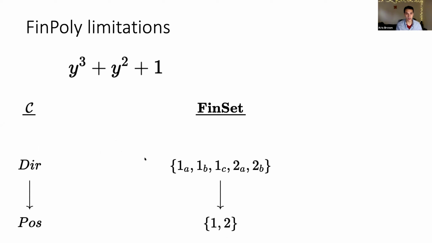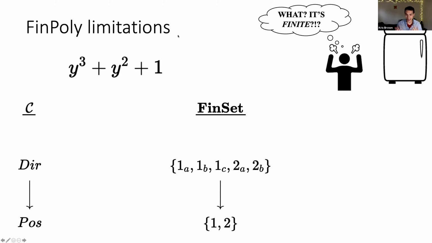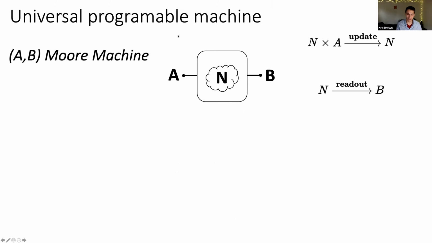But if we want to represent a polynomial, we need to explicitly represent in memory each direction and each position, which means we cannot represent polynomials that, for example, take arbitrary integer valued inputs or outputs. And that means that we can't modify our happy refrigerator to have an arbitrary number of drinks.